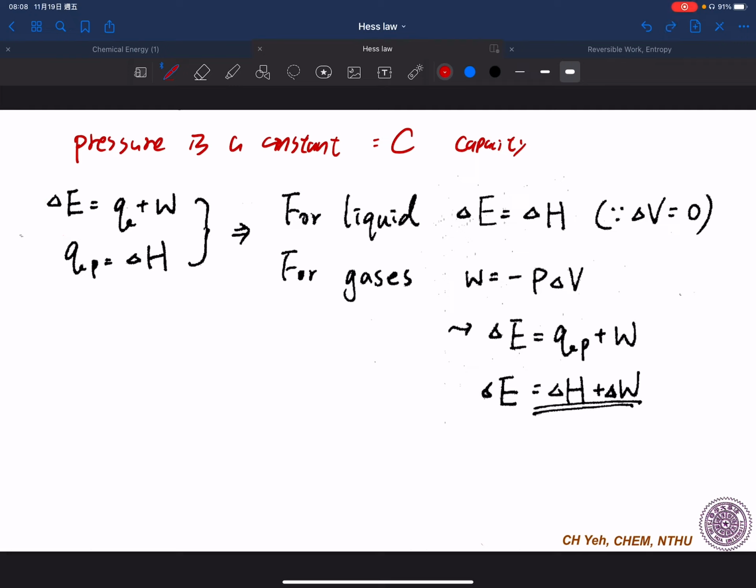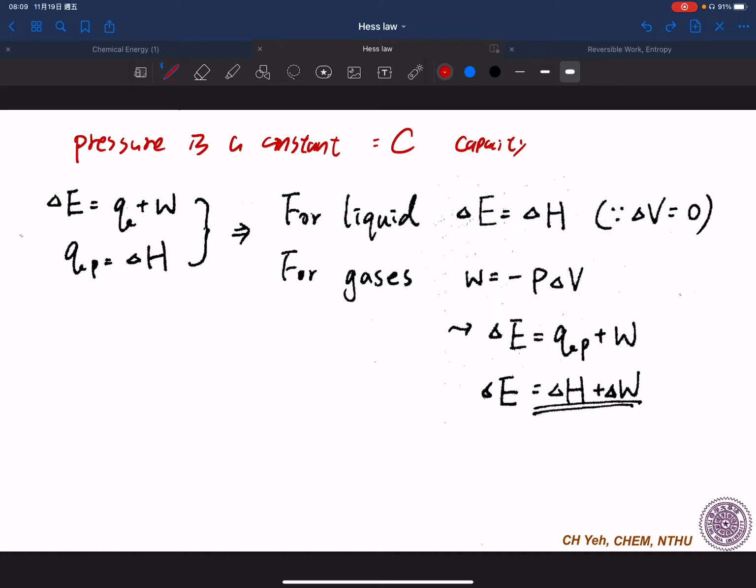For a liquid, this is the easy part, because when we add heat or make the temperature rise in a liquid system, it will not make the volume change that much. It will have a little change, but it's not significant enough to produce work energy in the system. So basically, we consider that there is no work energy change inside the system.